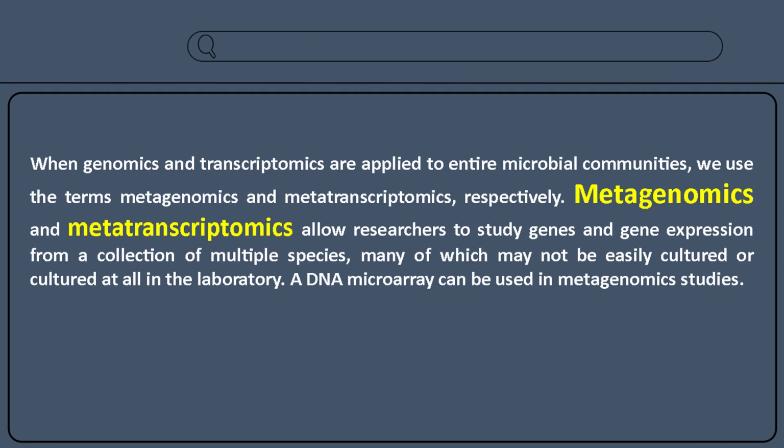So, literally, this is a mixed community of organisms such as those found in environmental samples, such as soil, water, and the human gut. Unlike genomics, which focuses on the genome of a single organism, metagenomics involves the sequencing and analyzing of all of the genetic materials in a sample. Just like gina-combine nila ang community or gina-combine nila ang mga organism into a community. All right? So, while metatranscriptomics, yeah.